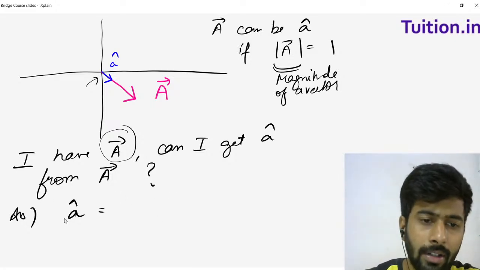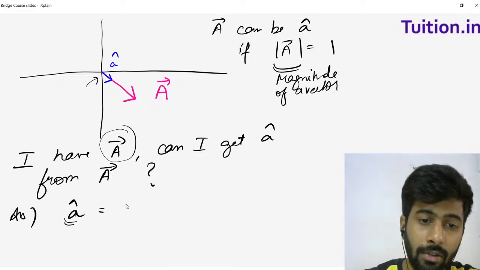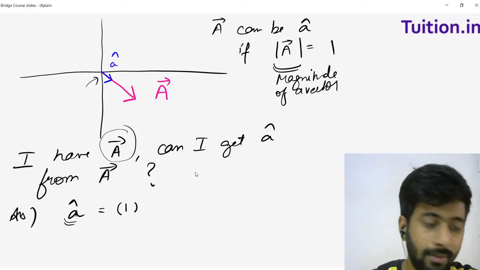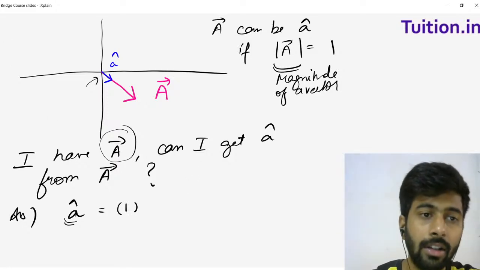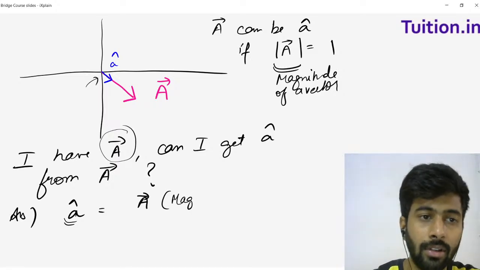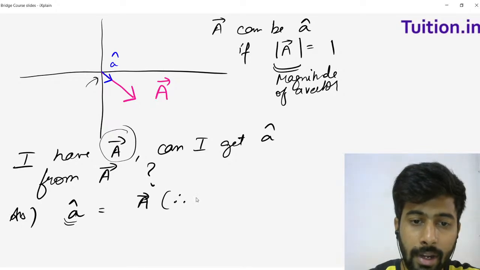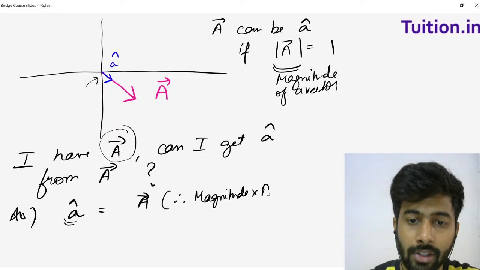A cap is nothing but that vector whose magnitude is 1 and direction is along a bar, right? So a bar has a certain magnitude. Let me write it like this. A bar is made up of its magnitude and direction.